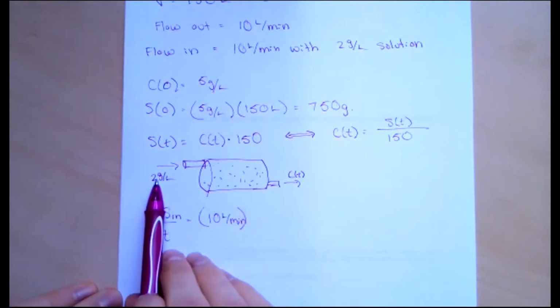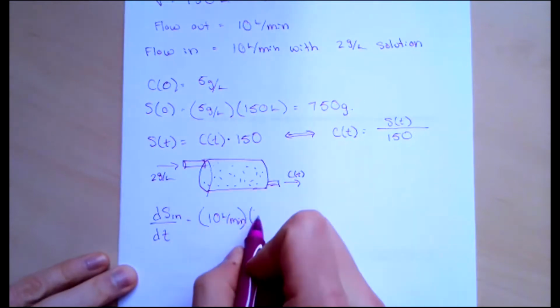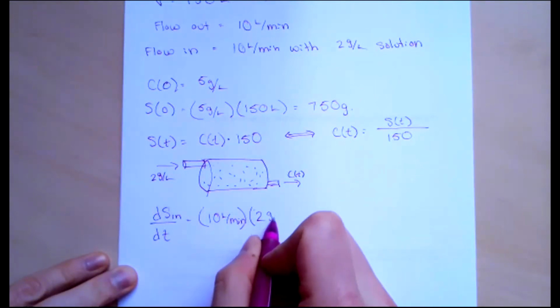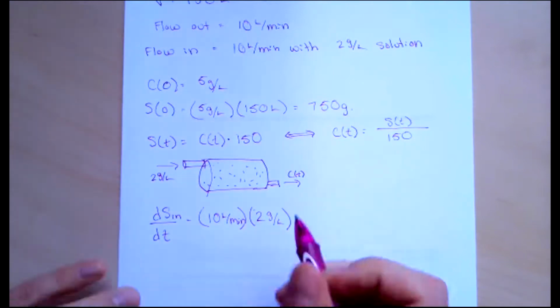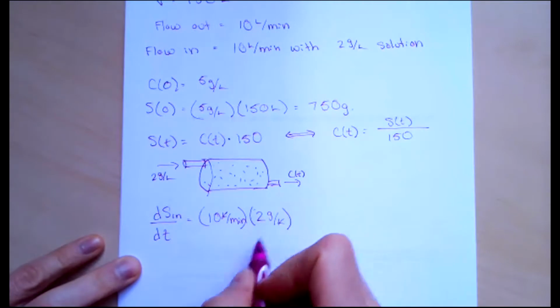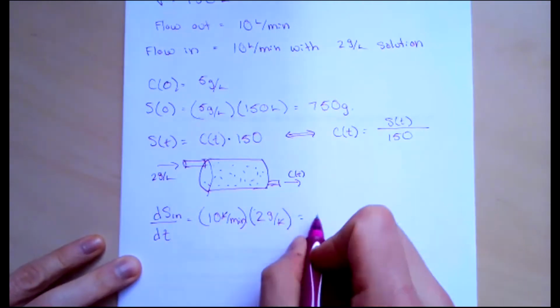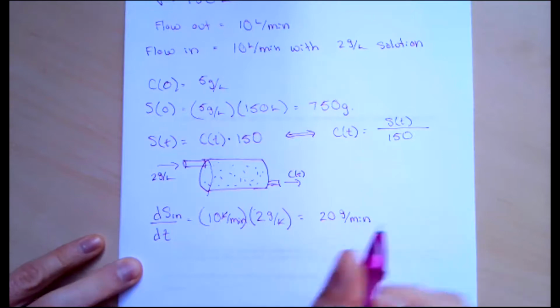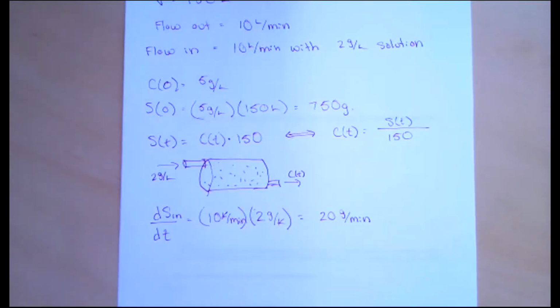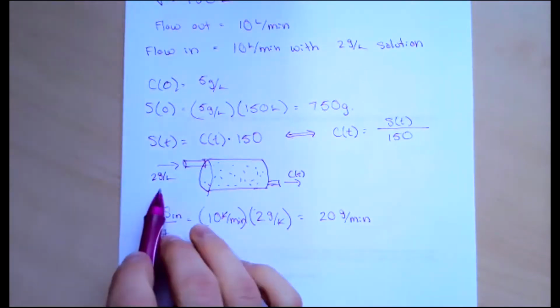Well, the concentration flowing in is 2 grams per liter. And if we see our units cancel, the liters cancel, and we are left with 20 grams per minute. So there's 20 grams of salt coming in every minute.